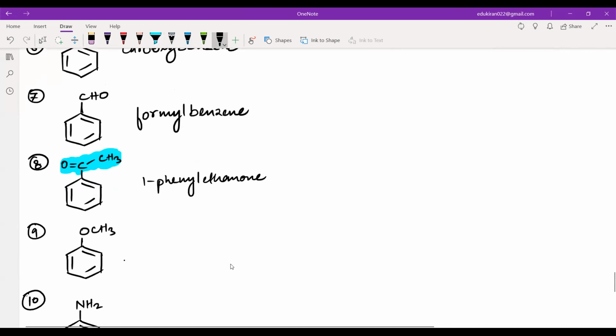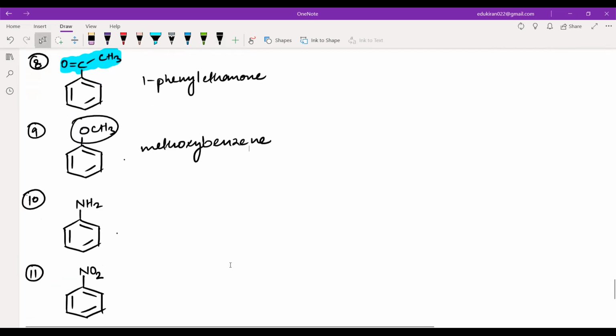Now here you don't have to do this, because this is methoxy benzene, this is the methoxy group. Now this is amino benzene, and this is nitrobenzene. So write this down. Let me know if you're done.